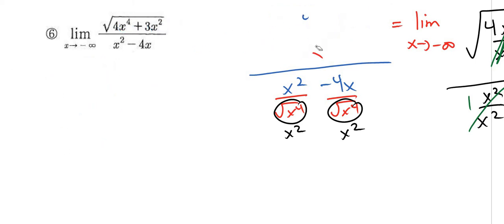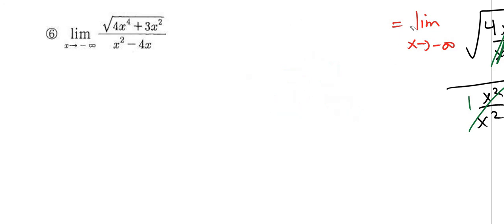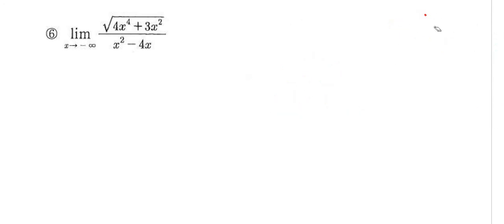Now the problem with method number 2 is it works like 85% of the time in my class, and what you have to do is when you have these limit problems, look at the numerator, and the good thing is that both of these terms are inside the square root sign, so it's a fair comparison.